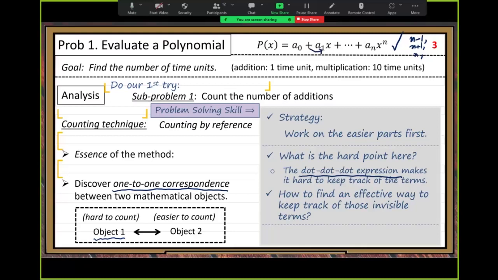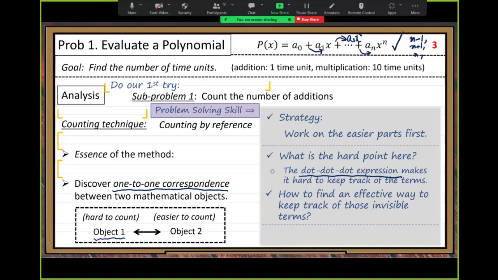Can we associate the second plus sign to the A2 x squared coefficient, and so on? Can we associate the last plus sign to the A sub n coefficient? Is that a one-to-one correspondence? One plus sign corresponds to exactly one subscript of the coefficient.